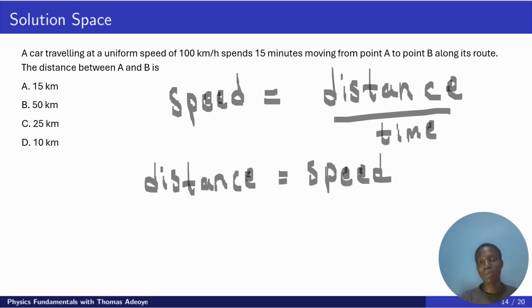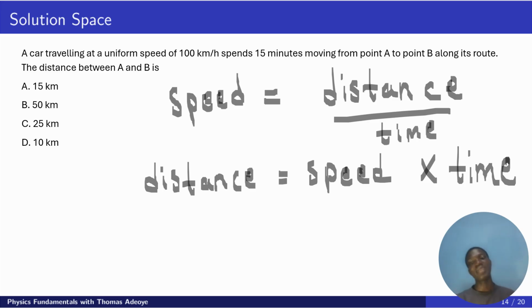But what can pose a challenge is that if you look at the units here, the answer is in kilometers and the speed is in kilometers per hour, but the time is in minutes. You have to convert 15 minutes to hours.